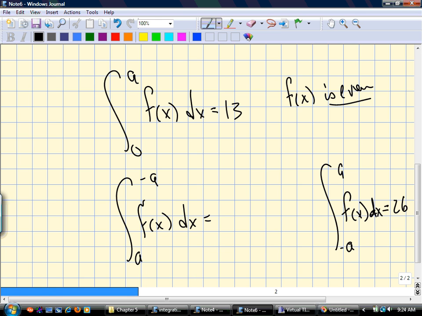And now because it's out of order, the answer is negative 26. As soon as it's out of order, you change the sign on the answer you would get if you were to do it in order.